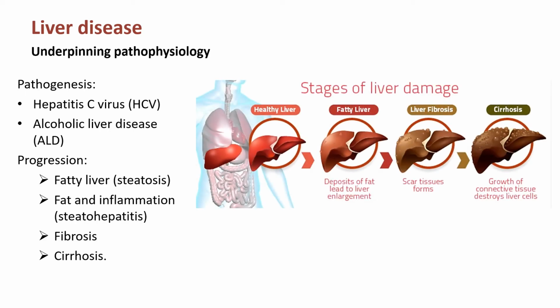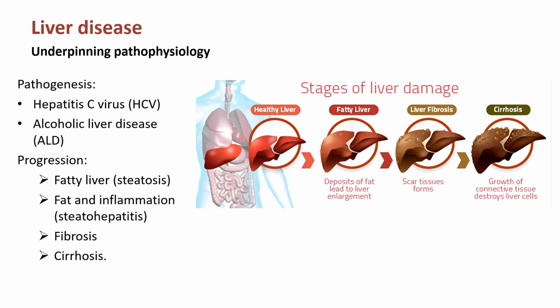And in terms of these, once they've been stimulated, we need to look at the progression, because in this situation we have a chronic inflammatory state. So we have this mixed morphology of damage and repair. This starts with a fatty liver known as steatosis. And we'll talk about how those are two different mechanisms in terms of Hep C or ALD.